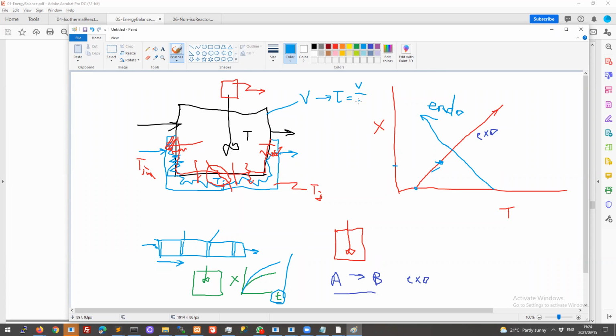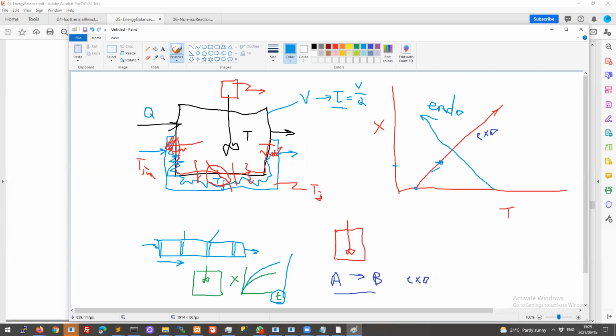So V over Q, right? So the average time spent in the reactor will increase as we increase the volume if your volumetric flow rate is constant. So as you increase the volume, it takes more time to pass through that reactor, right?